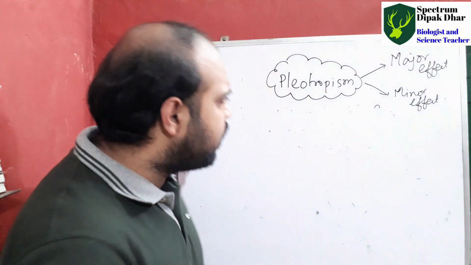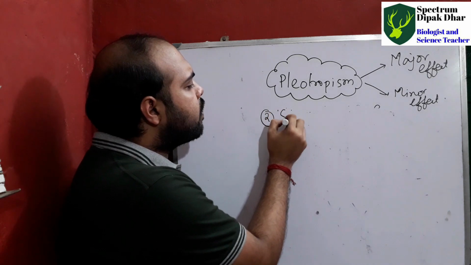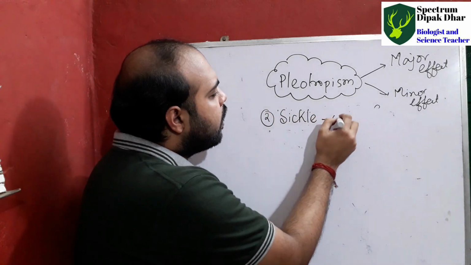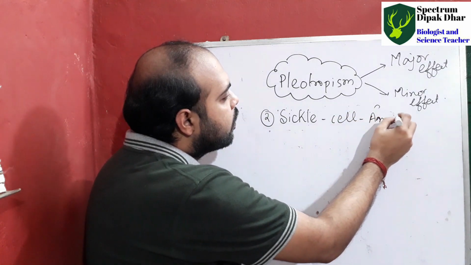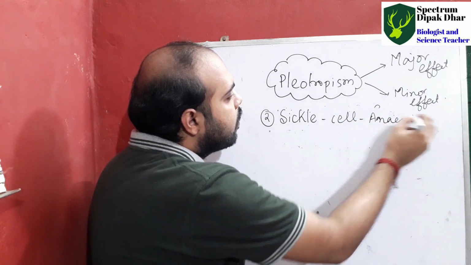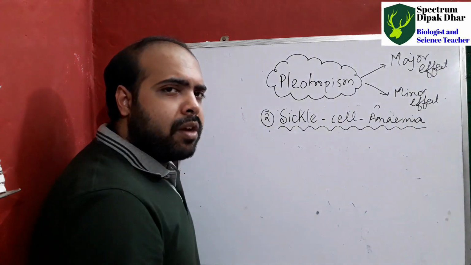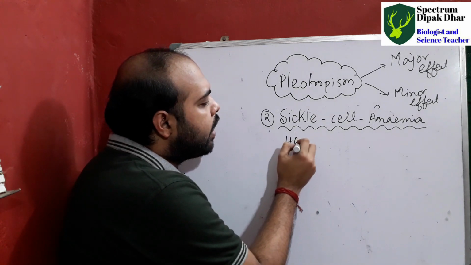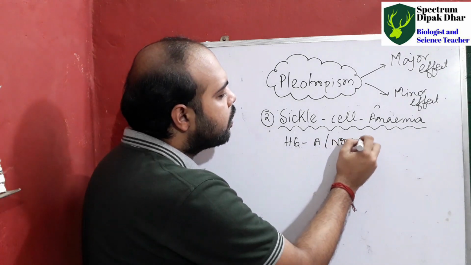The second example of pleiotropism is sickle cell anemia. In sickle cell anemia, the normal hemoglobin, HbA, is the normal adult hemoglobin.